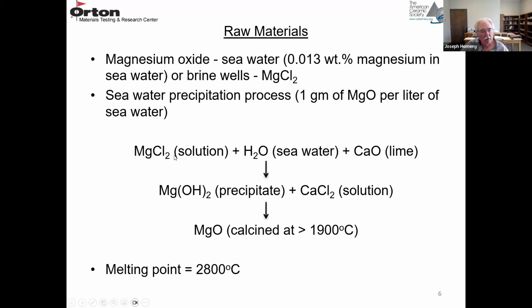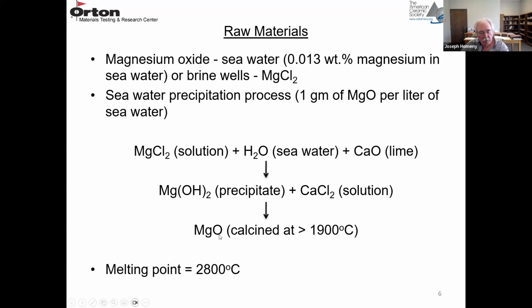The magnesium chloride, MgCl2, is in solution in seawater. To the seawater you add lime, CaO. The lime reacts with the chlorine and forms calcium chloride, which stays in solution. But the magnesium precipitates as magnesium hydroxide, Mg(OH)2.